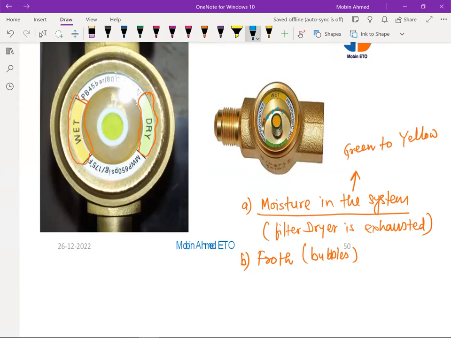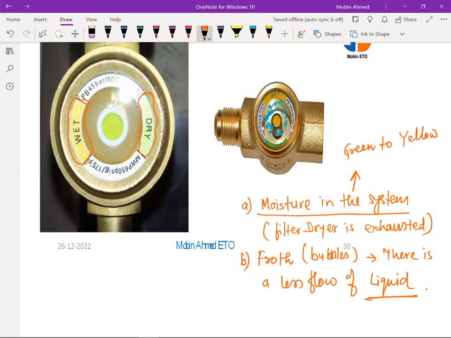If you are going to see bubbles here like this, or a froth like soap water froth, you know it. If the froth is there, that means it indicates that there is a less flow of refrigerant or liquid, because here the liquid is going to pass.